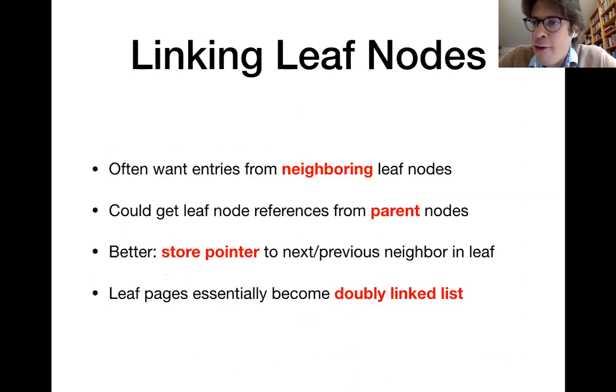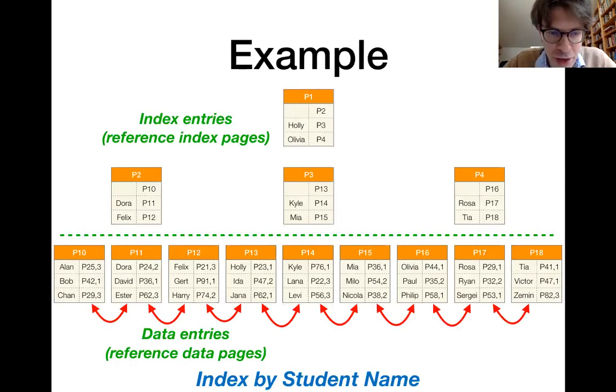For instance, if I have one of those inequality conditions, in that case, it can be good for performance if the leaf nodes of my index are also linked to each other. So if I want to retrieve information in neighboring leaf nodes, I don't need to go over the parent nodes anymore, but instead I can leverage those links in order to go from one leaf node to another one. And this is how that would essentially look like.